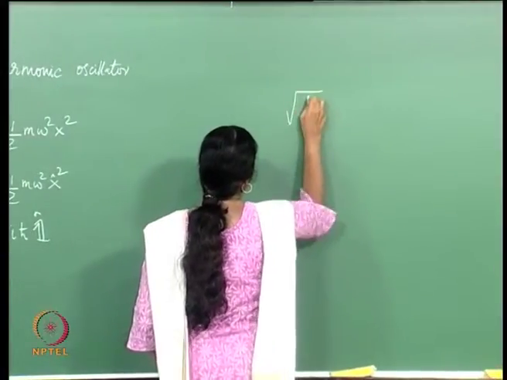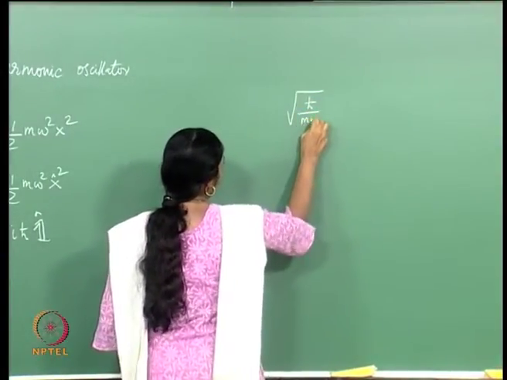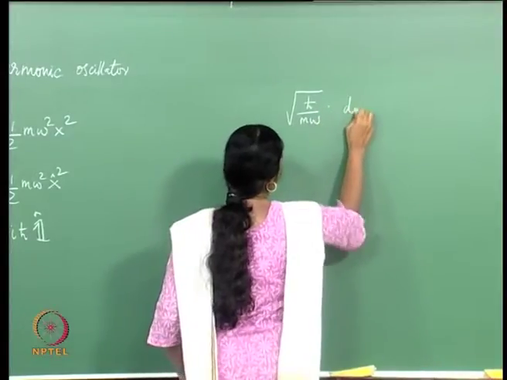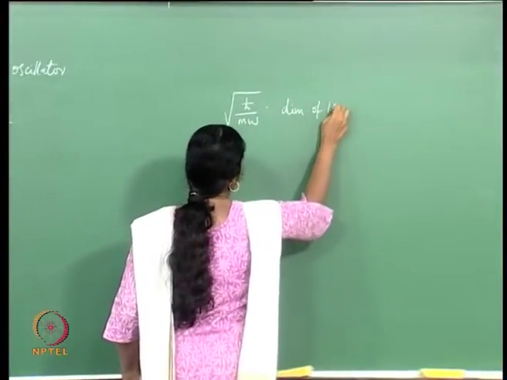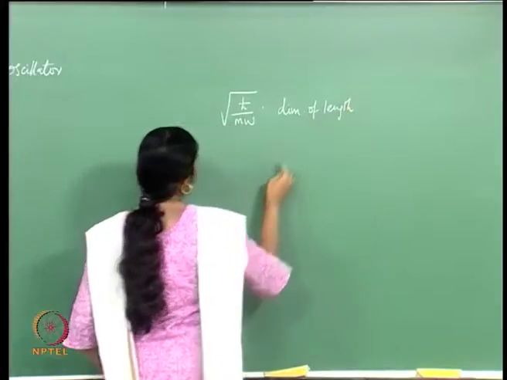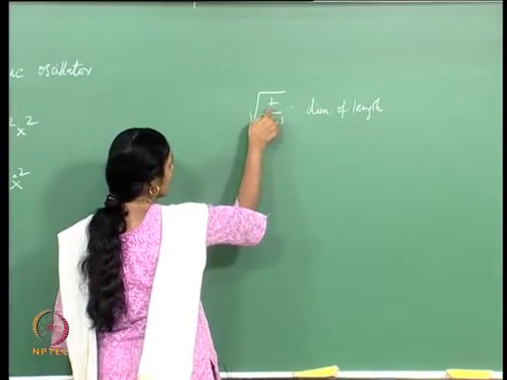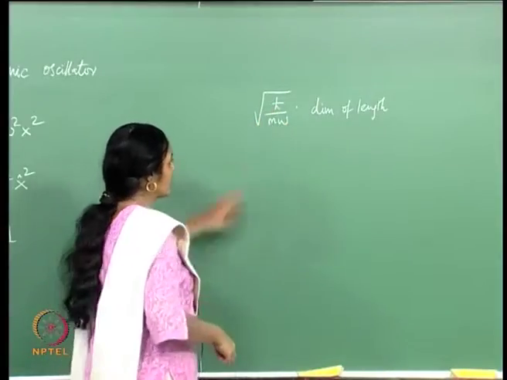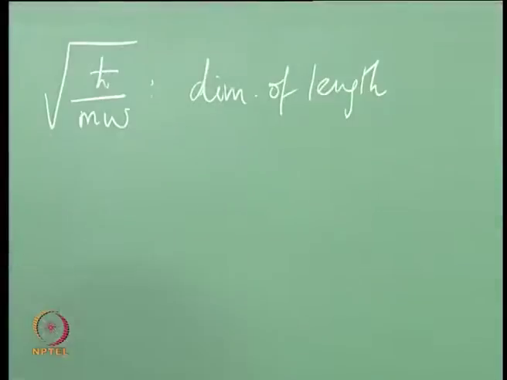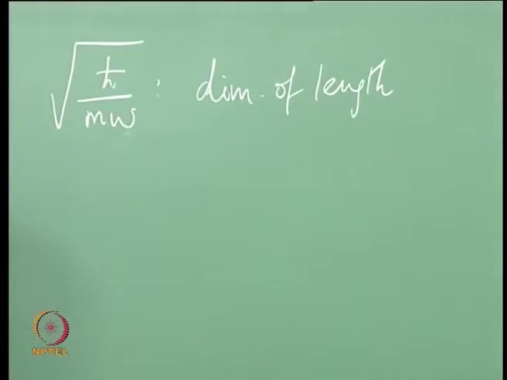The object root of h cross by m omega has dimensions of length, where omega is frequency, m is mass, and h cross is action, which is energy times second, and therefore this combination has dimensions of length.